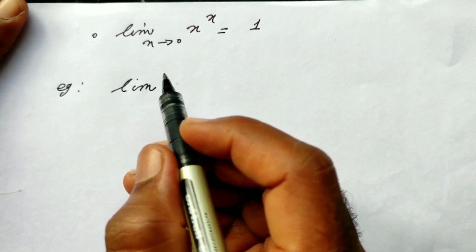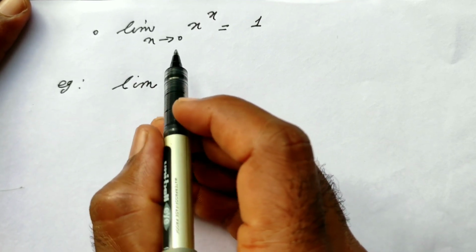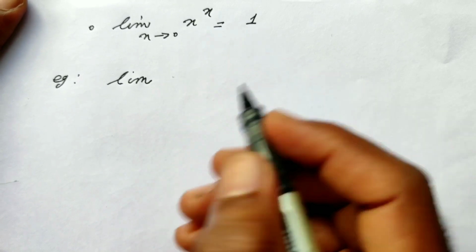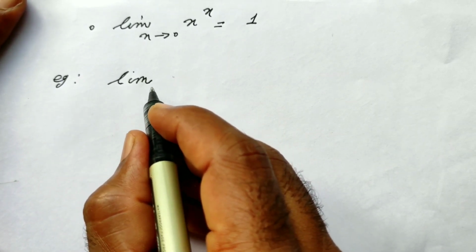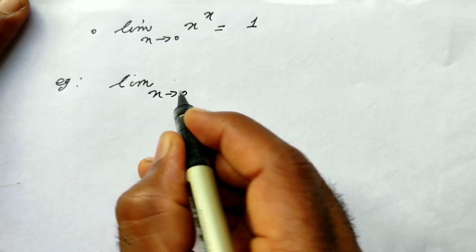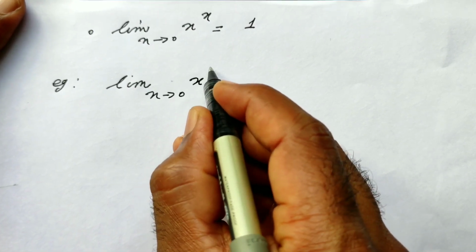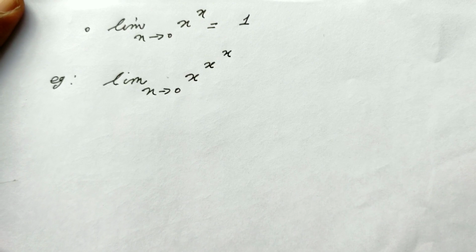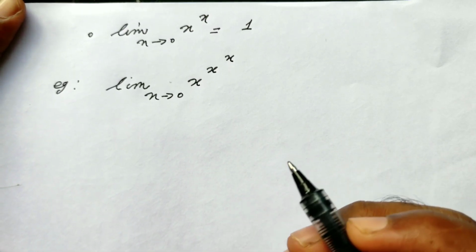Let's take a typical example related to this standard formula, limit x tends to 0 x raised to x is 1. That is, we have to find limit x tends to 0 x power x power x, and this question was asked in JEE Advanced.